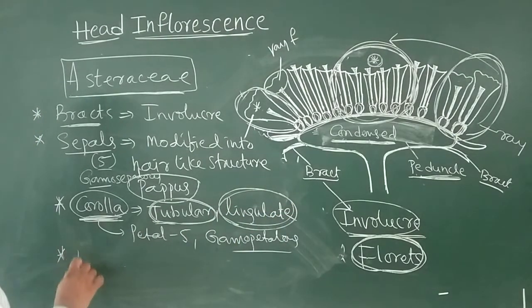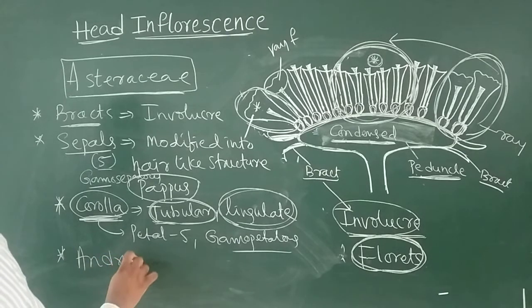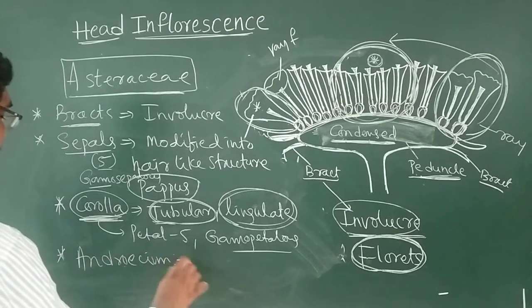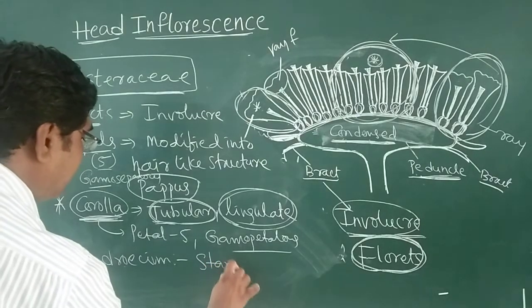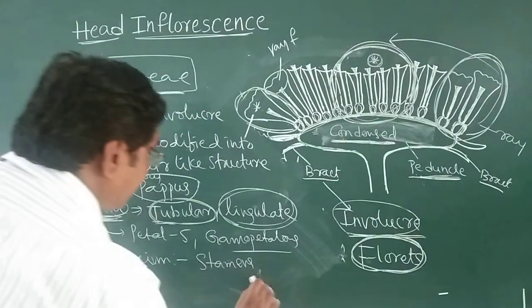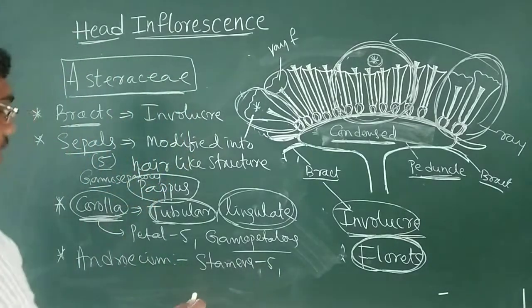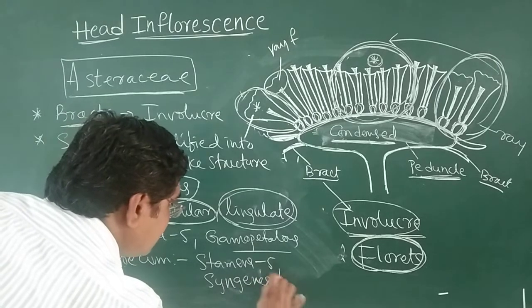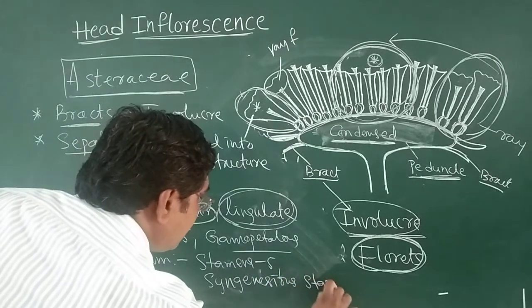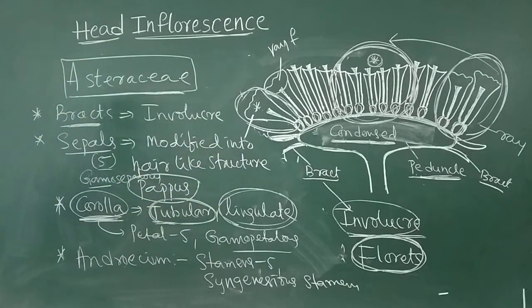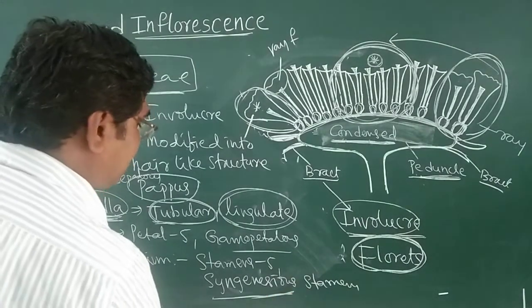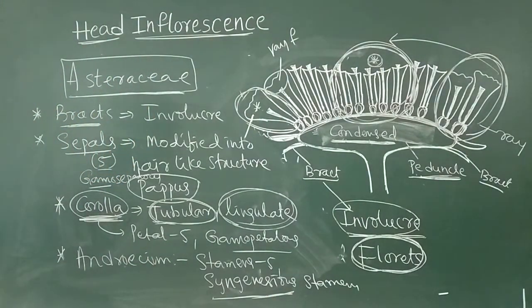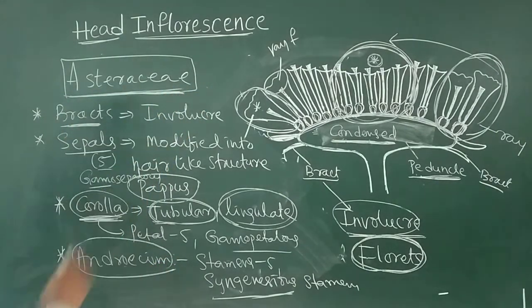Next, the androecium: stamens are 5. Syngenesious stamens are present in the Asteraceae family. Syngenesious means the anthers are united and filaments are free.